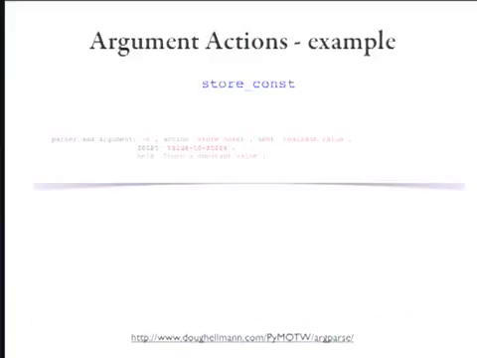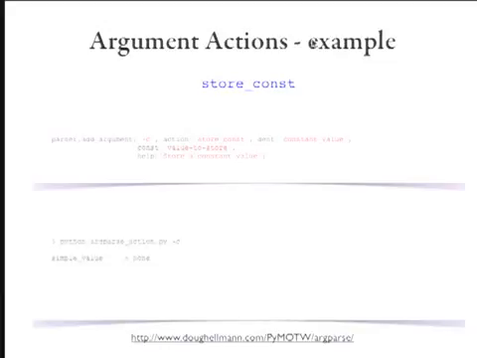Going on to store constant, to delineate the difference between this and store. Here we just give it the flag -c. And what will this do? The simple value is none because we haven't defined that. So what will the destination constant value be stored as?